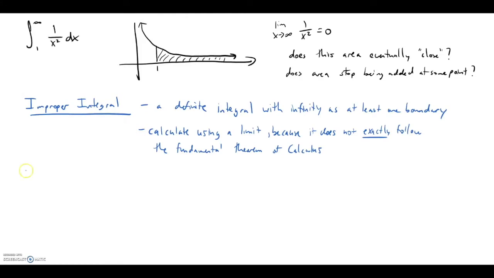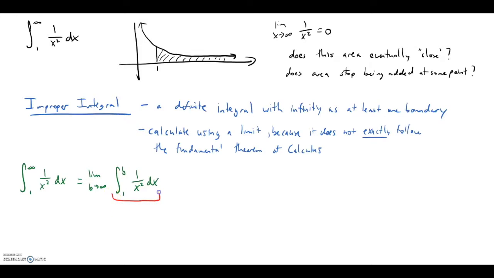Let's go back and use our original example, the integral from 1 to infinity of 1 over x squared with respect to x. And what we're going to do is set this up as the integral from 1 to b of 1 over x squared dx, where b is a constant value, and let b approach infinity using a limit.